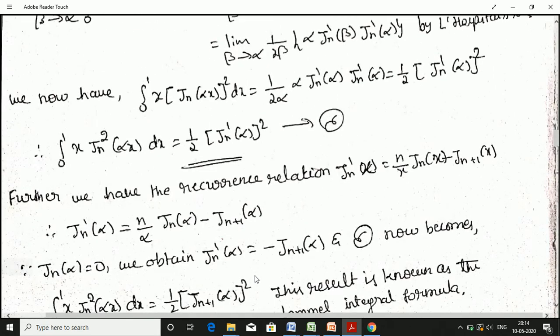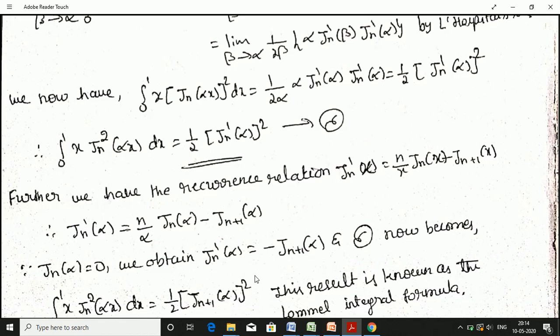Further, we have the recurrence relation Jn'(x) = (n/x)Jn(x) − Jn+1(x). Therefore, Jn'(α) = (n/α)Jn(α) − Jn+1(α). Since Jn(α) = 0, we obtain Jn'(α) equal to minus Jn+1(α).